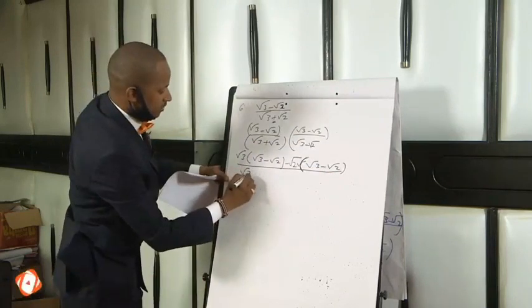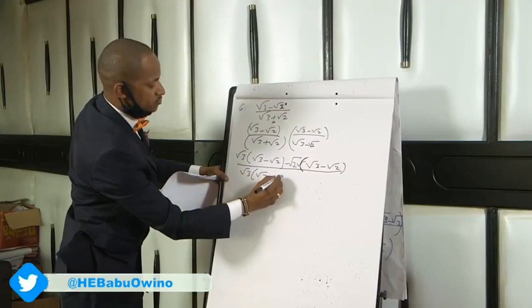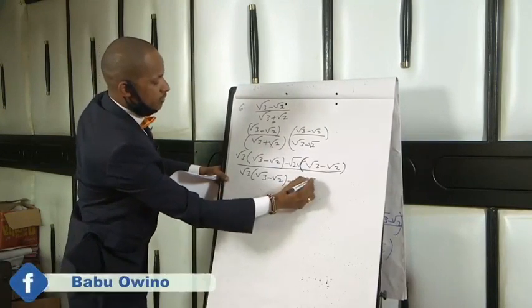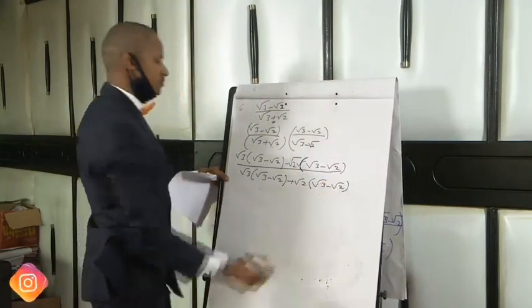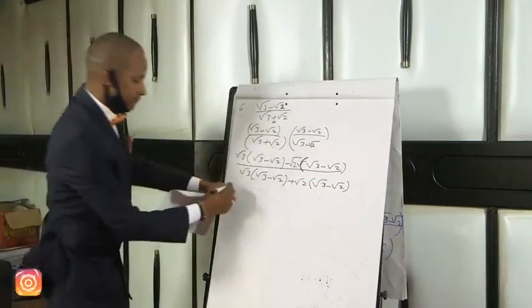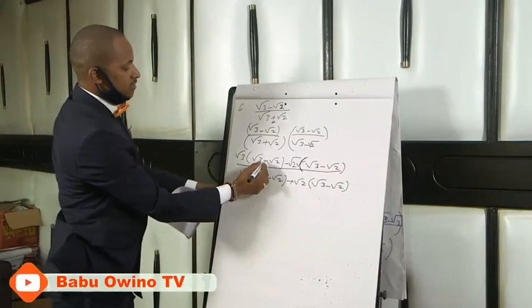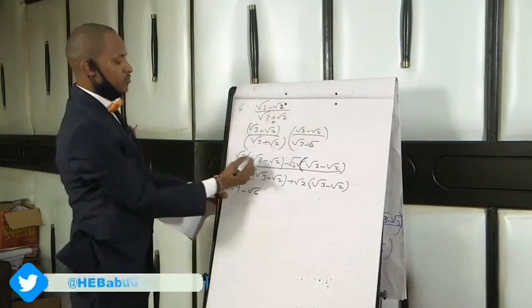You have root 3 multiplied by what's on the other side of the bracket, which is root 3 minus root 2, plus root 2 into root 3 minus root 2. Root 3 times root 3 is root 9. Root 3 times minus root 2 is minus root 6. Just multiply what's inside the roots.